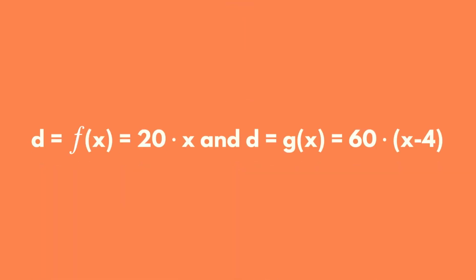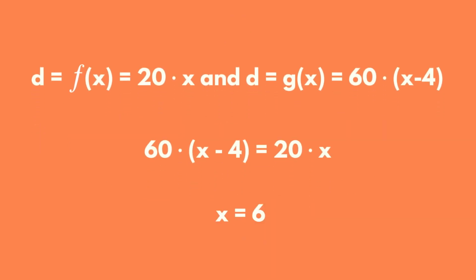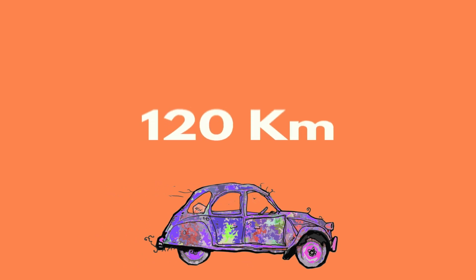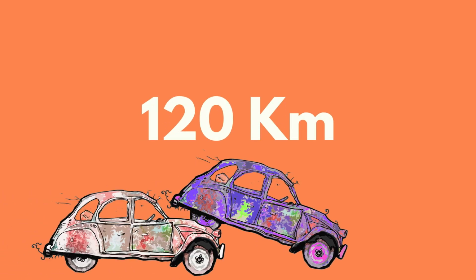We note x as the time which passed from the departure of the first car to the meeting with the second one. We get 20x = 60(x − 4), which gives the equation with the solution x equals 6. We see that after 6 hours of travel, the first car has traveled 120 kilometers and the second car has also traveled the same distance, and therefore the two cars will meet.